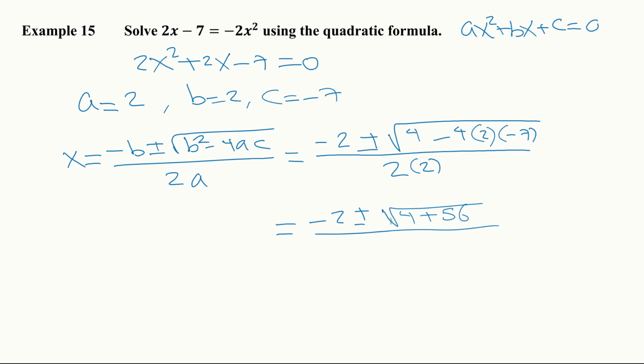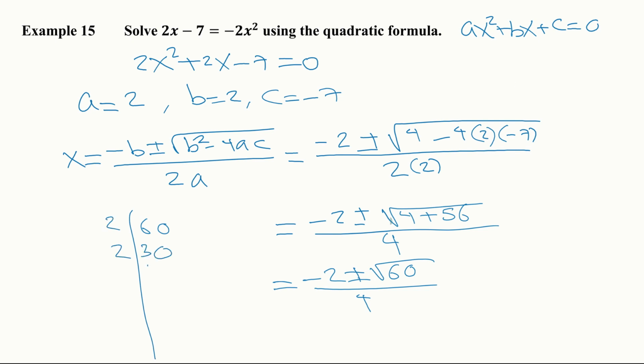Now, notice that that's going to become negative 2 plus or minus square root of 60 over 4. Now, 60, if I find the prime factorization, 2 gives me 30, 2 gives me 15, 3 gives me 5, and 5 gives me 1. So I have a perfect square hidden inside 60.